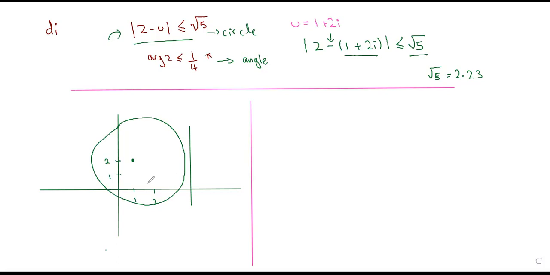Okay, the idea is that if this is the center and the center has the coordinates 1, 2, what would be the coordinate of this point? It would be 1 plus the radius, right? Yes, 1 plus 2.23, which is 3.23. Yes, it will be.